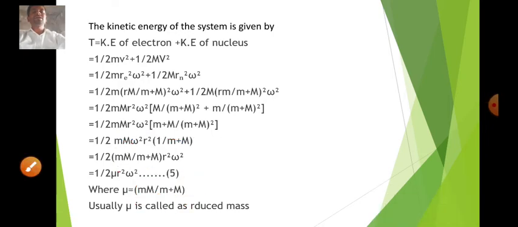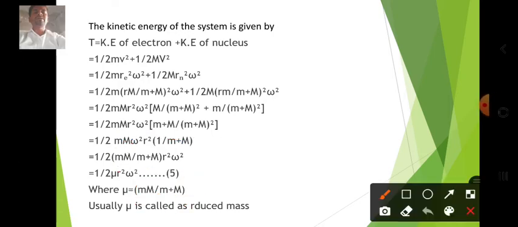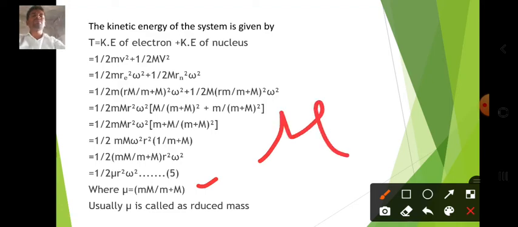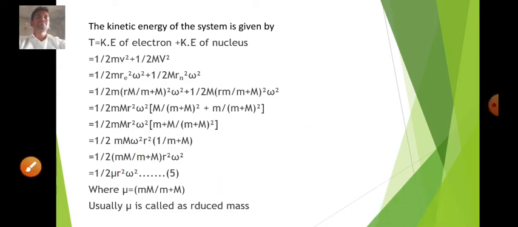So finally we get a mass. This mass is called the reduced mass, and it is always denoted by mu. So in the place of this, mu is written. So mu is called the reduced mass. Okay, like this, reduced mass.